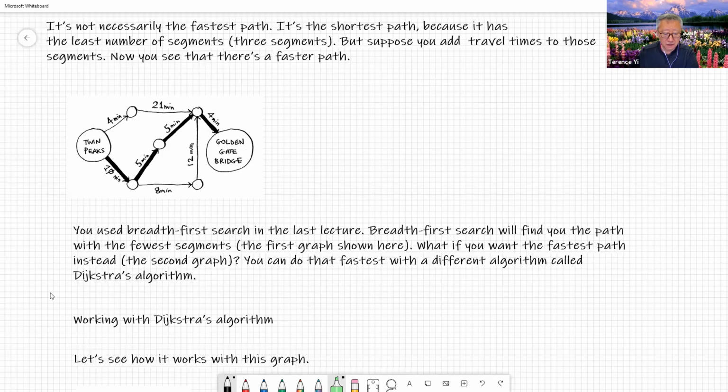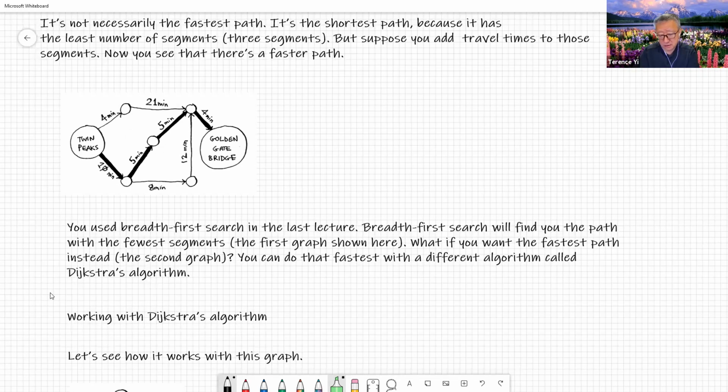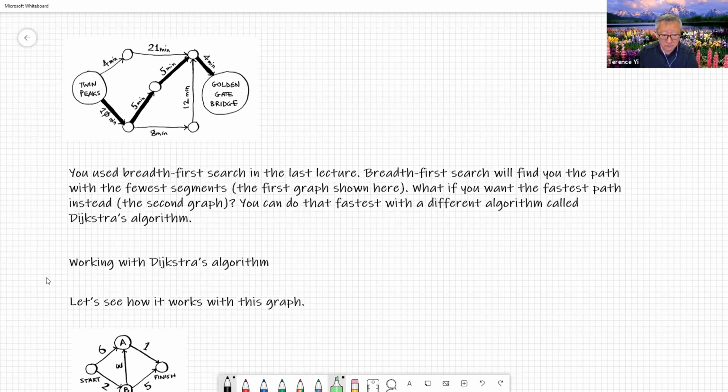So we used the breadth first search in the last lecture, and the breadth first search will find you the path with the fewest segments. That's what we just talked about. And now we want to find out, if you add the weight, in this case a time, to the segments, what would be the fastest path from Twin Peaks to the Golden Gate Bridge, right?